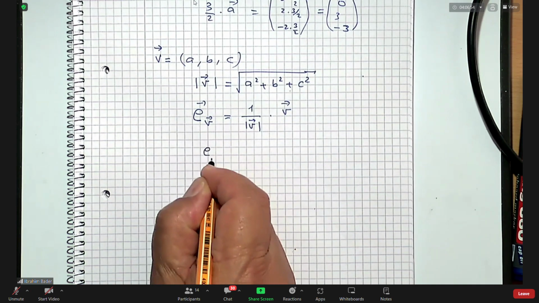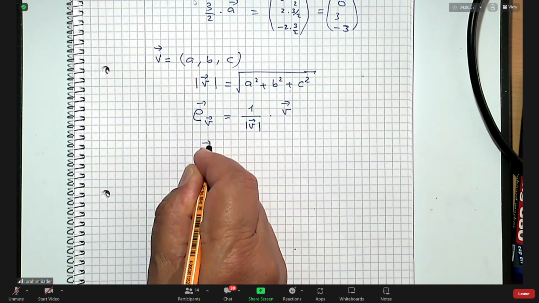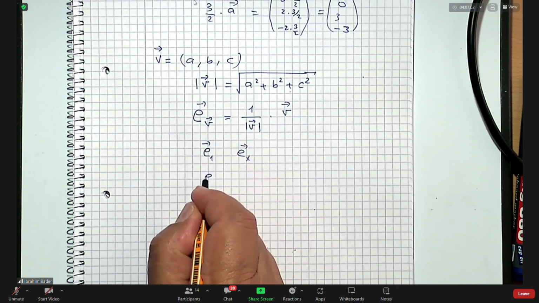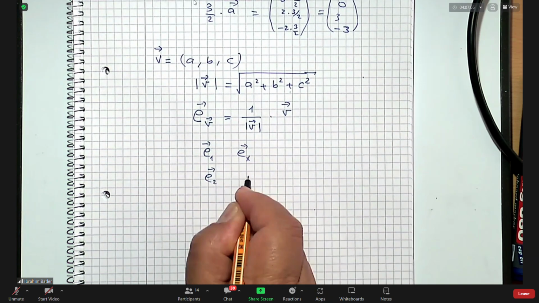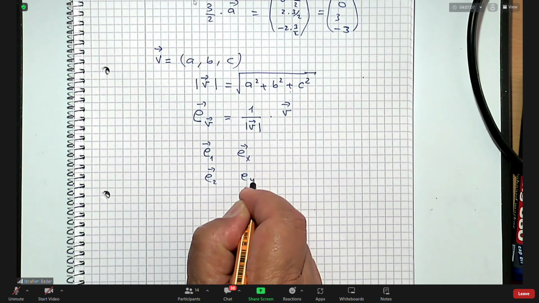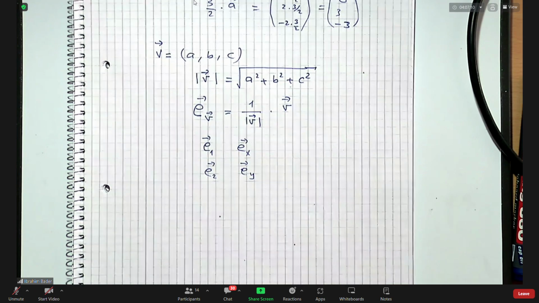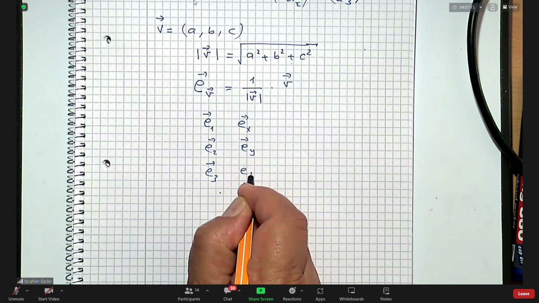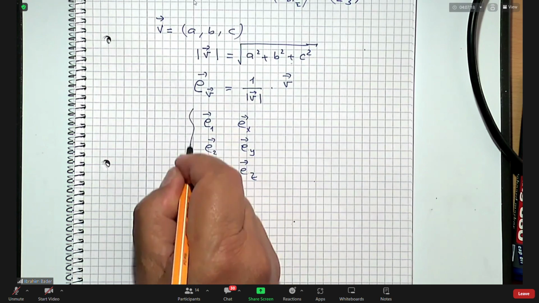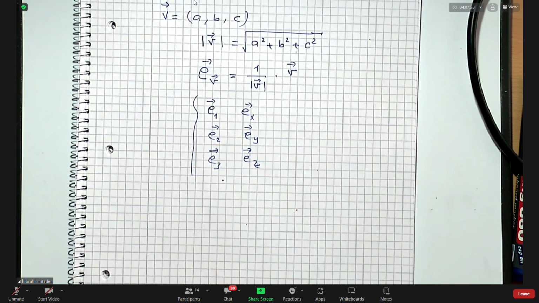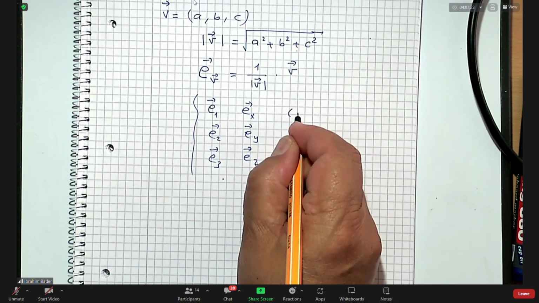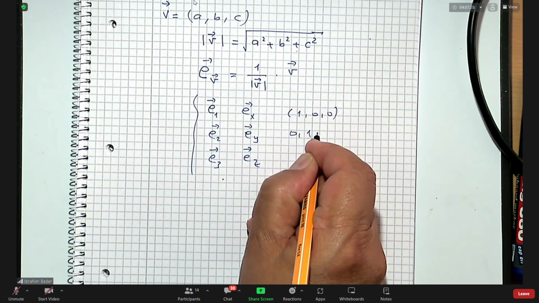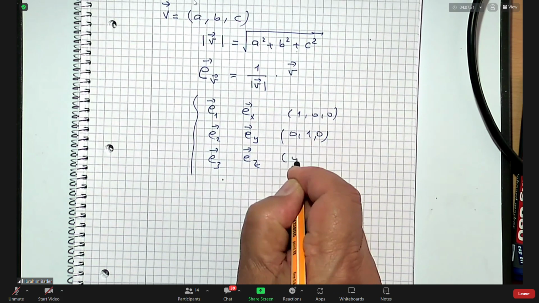I told you that we call them E1, or in some literature E sub X, E sub Y, and so on. For 3D, this is of course 1 0 0, this is 0 1 0, and this one is 0 0 1.